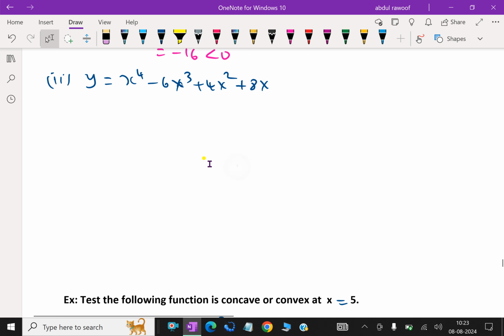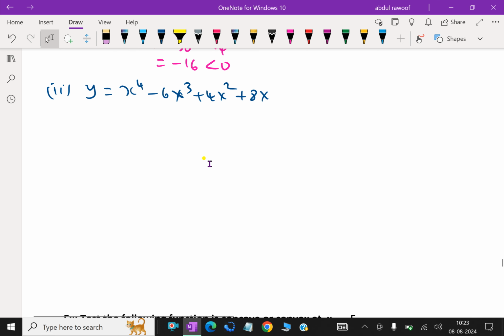Next question, y equal x power 4 minus 6x cube plus 4x squared plus 8x. Here the first derivative of y with respect to x is 4x cube, the derivative of x power 4, minus 3 into 6 is 18x squared, plus 8x plus 8.